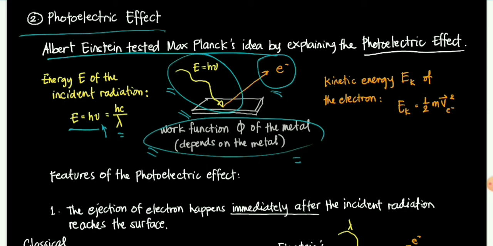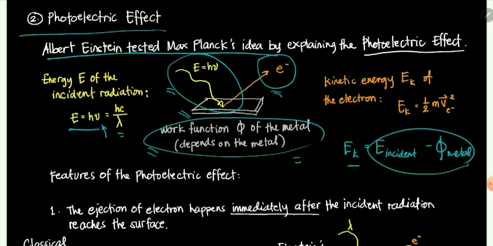And the formula for this photoelectric effect is the kinetic energy of the electron. So E sub k, which is the kinetic energy, is equal to the difference between the energy of the incident radiation minus the work function of the metal. So kung ano man yung matirang energy, yun yung magiging kinetic energy ng iyong electron.